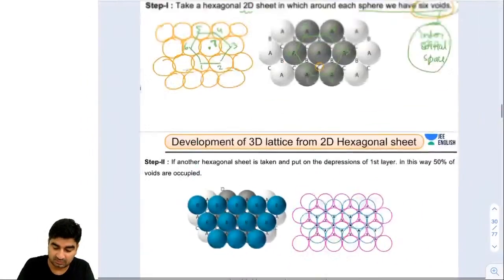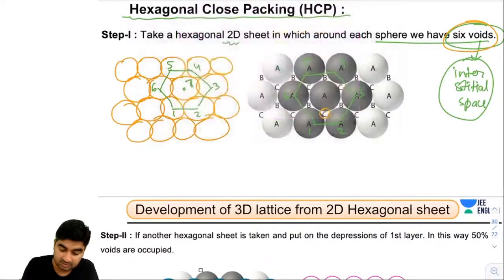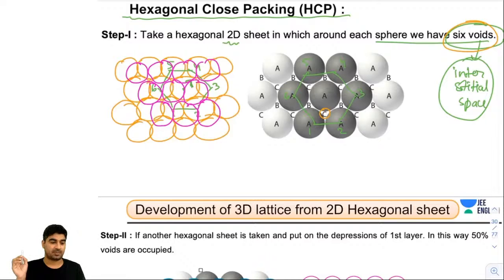This is the first layer, and I'm placing the second layer over it on the voids. Are you getting it?